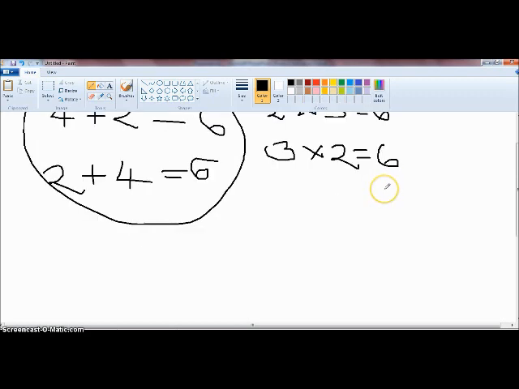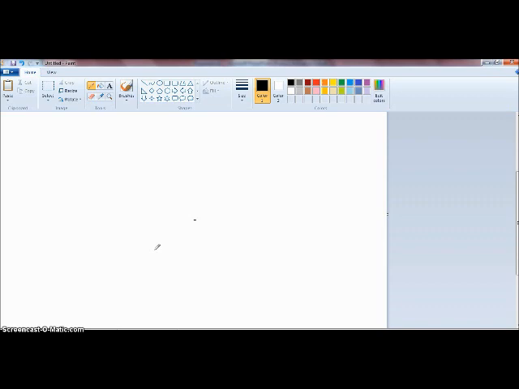But then things become a little bit different when we start combining these operations. So, for example, let us look at 4 plus 5 times 6 plus 2.